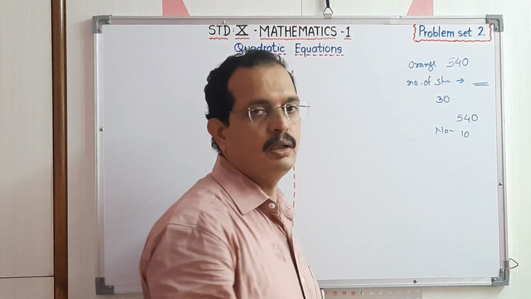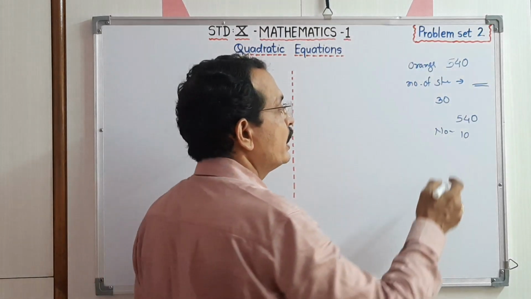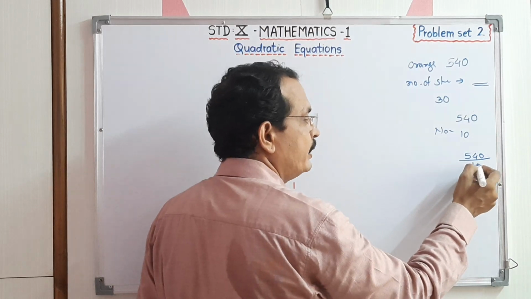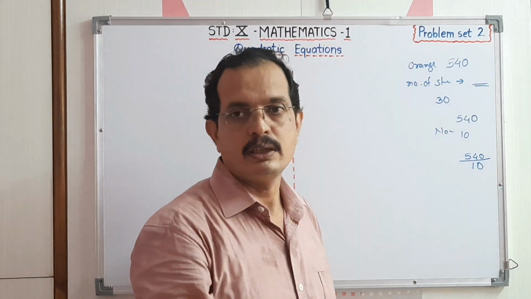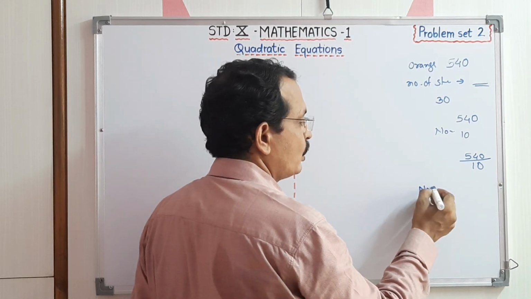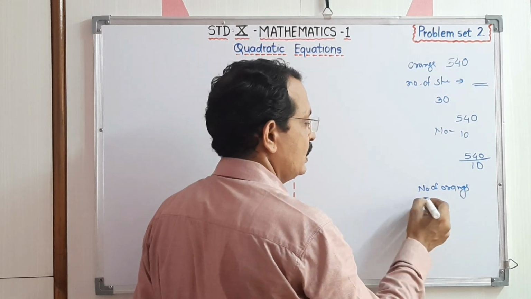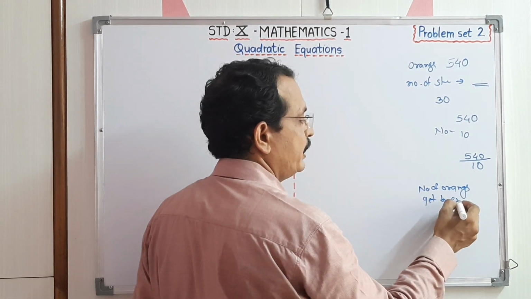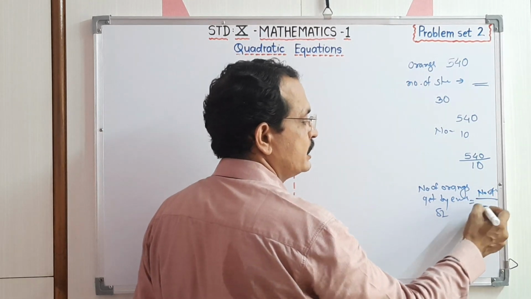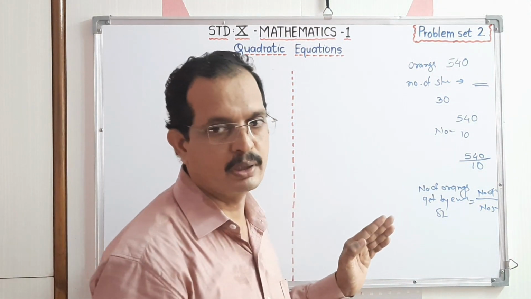To find out the number of oranges each student gets, we have to divide the number of oranges by the number of students. The number of oranges got by every student is equal to the total number of oranges divided by the number of students. This formula you have to remember.